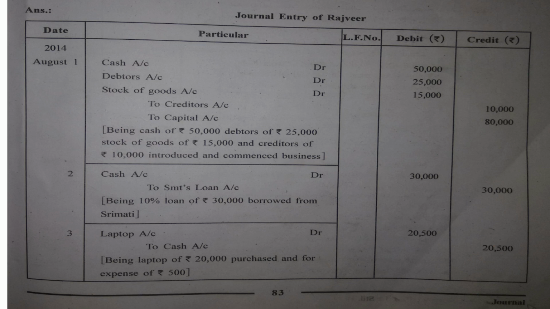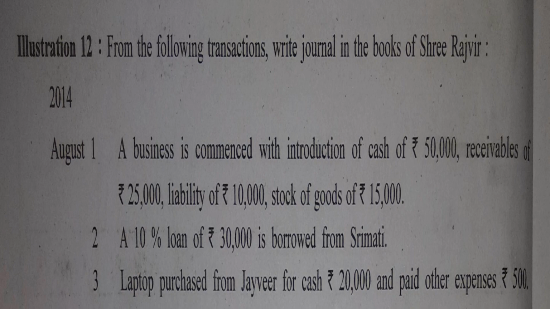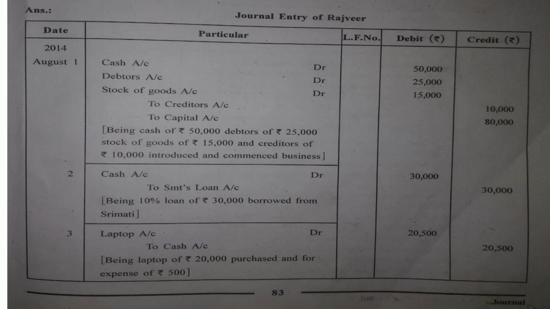Stock of goods account debit 15,000, because goods come in the business. Further, there is a liability in this question, 10,000. Liability is always to be credited. So, to creditors account 10,000. To capital account 80,000. As I said, whatever is brought in the business by the owner is always capital.